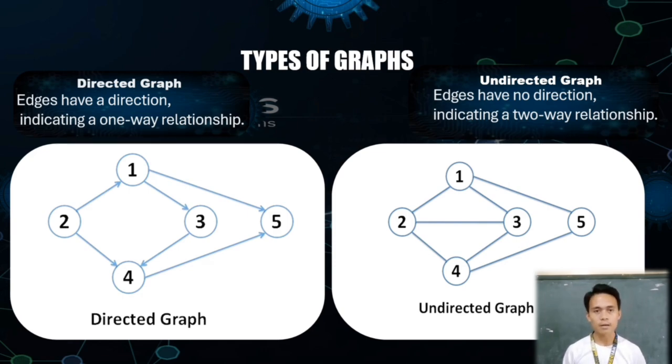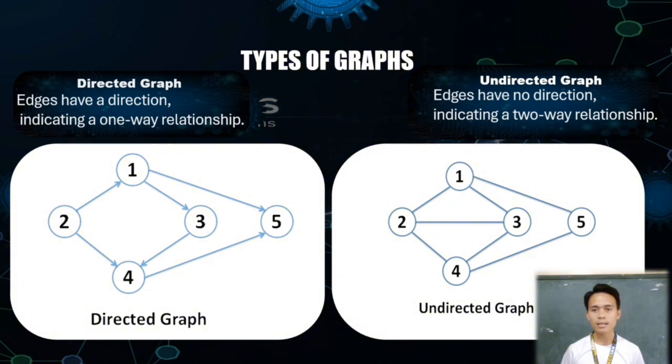In a directed graph, edges have a direction indicating a one-way relationship, as you can see in the picture on our slides, there's an arrow indicating it. And second, we have the undirected graph. Edges have no direction, indicating a two-way relationship.